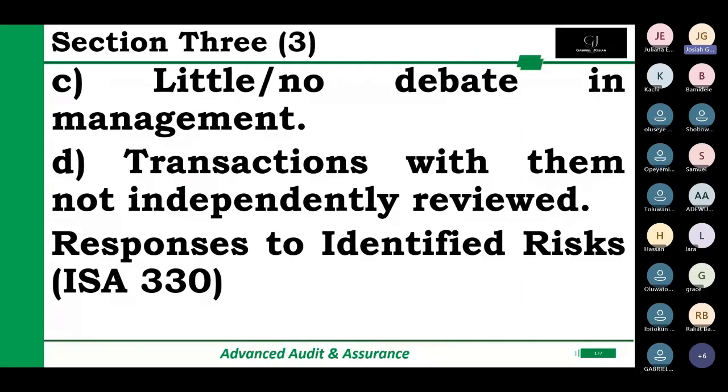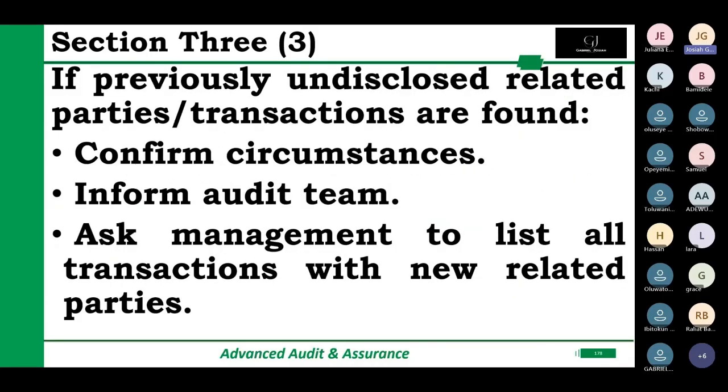So responses to identified risk based on ISA 330 and the guide would help the auditor to navigate these issues. So also, if previously disclosed related party transactions are found, you should be able to confirm the circumstances around these transactions.